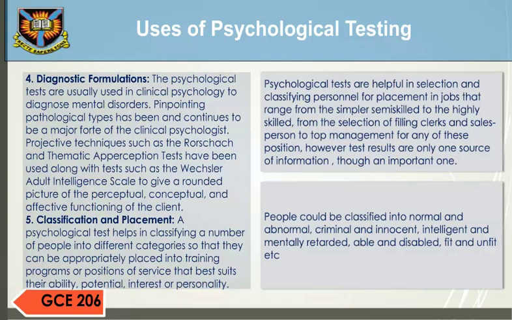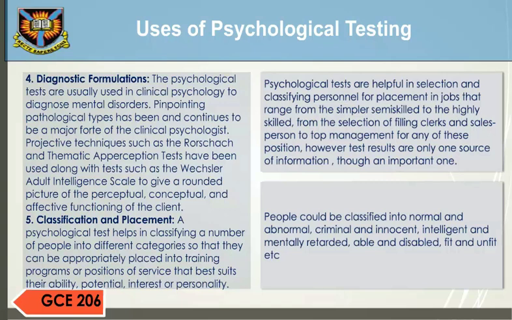5. Classification and placement. A psychological test helps in classifying a number of people into different categories so that they can be appropriately placed into training programs or positions of service that best suit their ability, potential, interest, or personality. Psychological tests are helpful in selecting and classifying personnel for placement in jobs that range from simple, semi-skilled to highly skilled, from the selection of filing clerks and salespersons to top management.